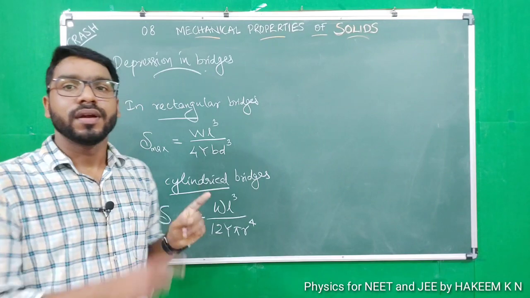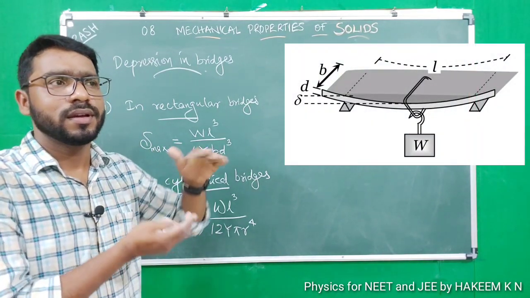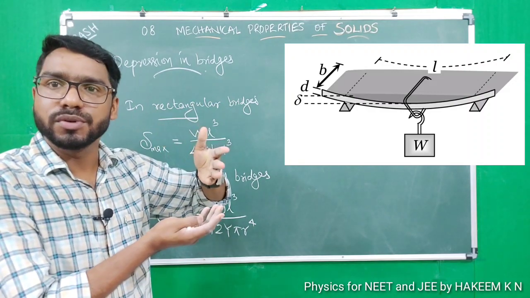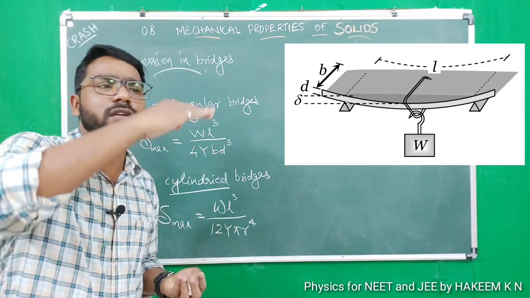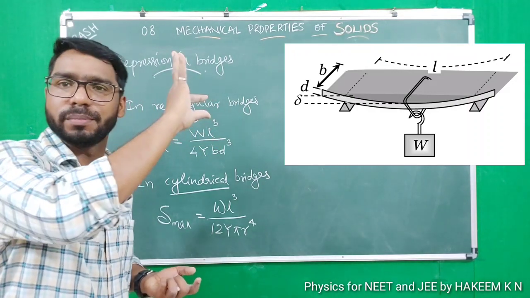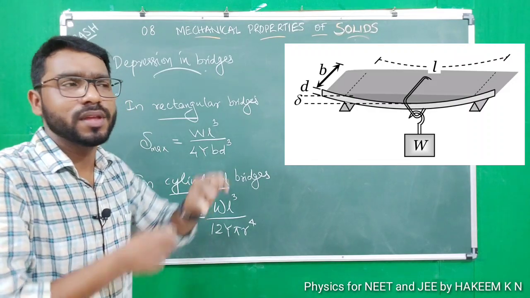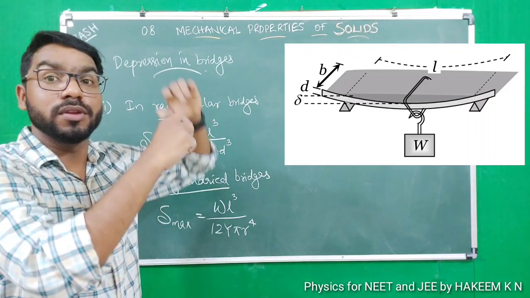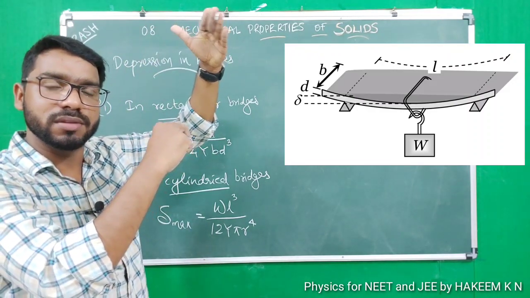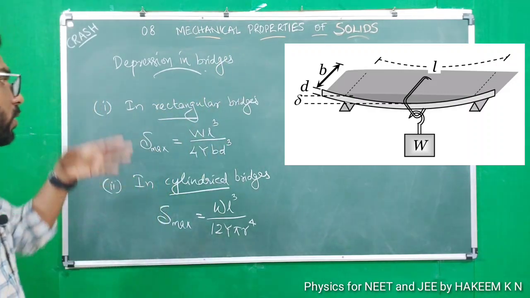Depression in bridges. Depression means after a long time of use, the center part of the bridge will hang down, will move down a little bit. The displacement between the initial position and final position is what is called depression.